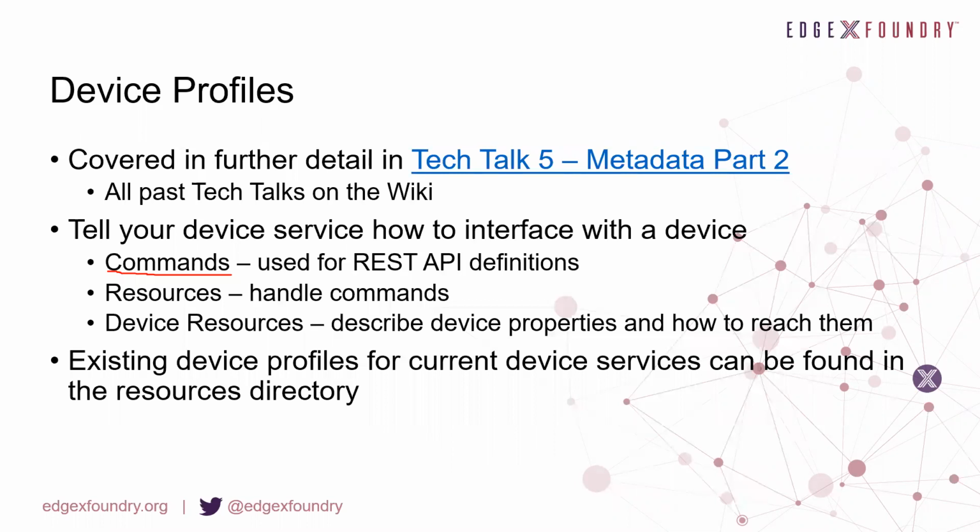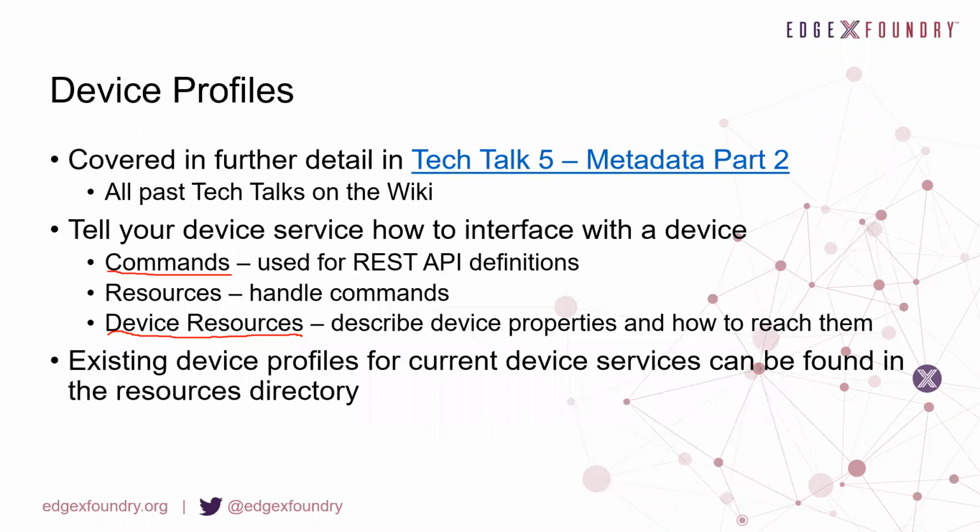And then the device resources are defining the actual register or addressability of the device itself. So it might tell you this particular UUID. At that UUID, you're going to get an accelerometer X reading that's going to be in these units. We may have to run it through some basic transforms because maybe it's in binary.